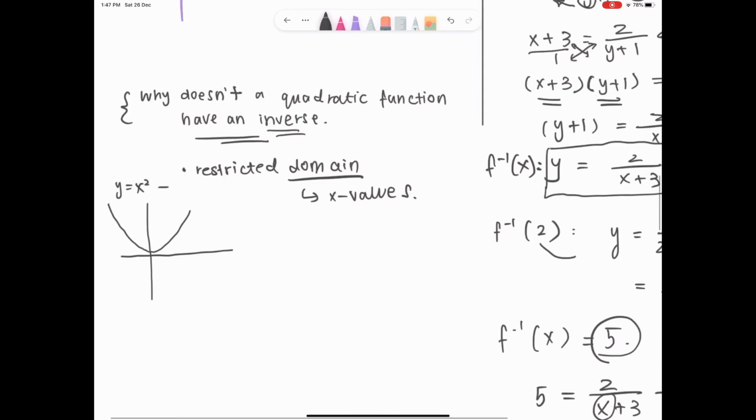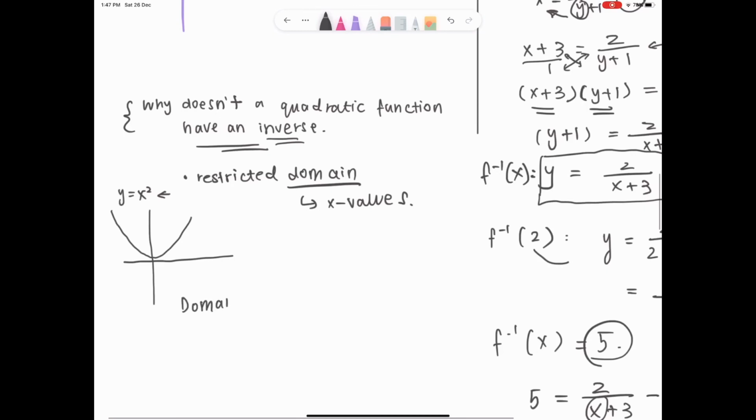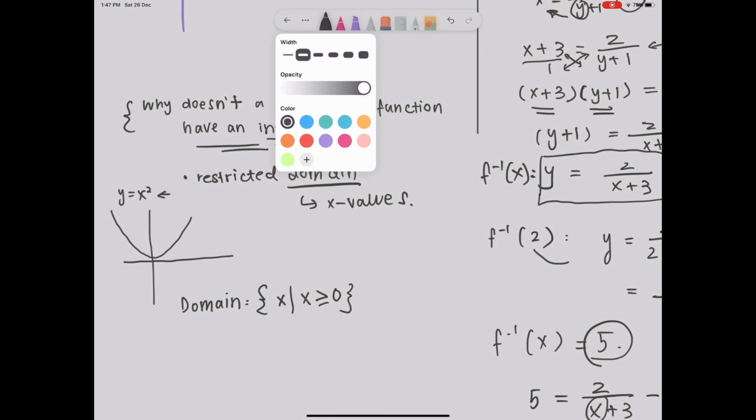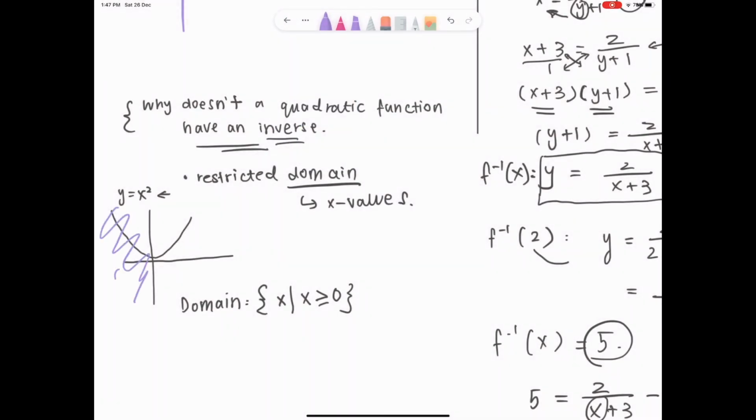For this function to have an inverse, the domain would need to be, let's write this out in proper notation, x greater than or equal to 0. That means this part would not be included, and you would only look at this part and reflect this one. Then if you draw the line, it would be over here and does not intersect with itself.